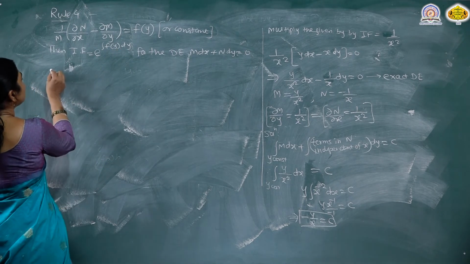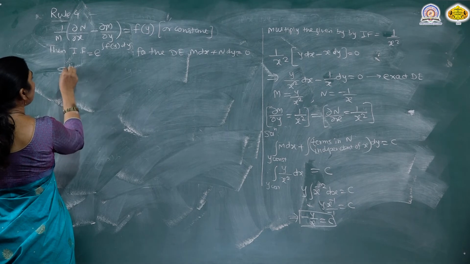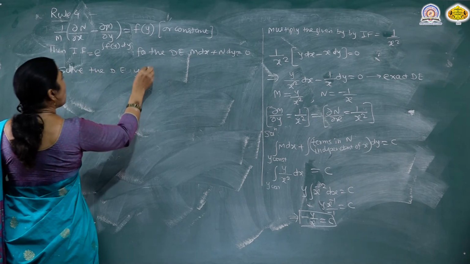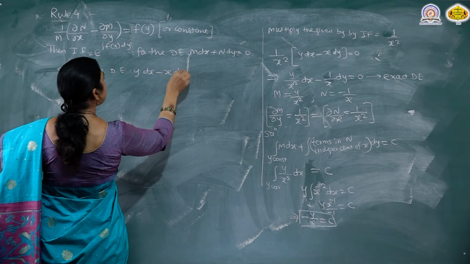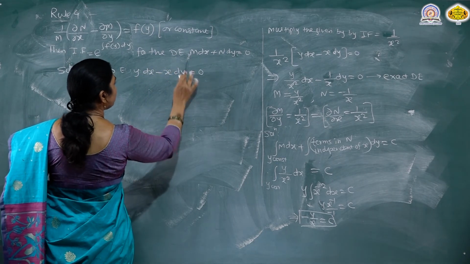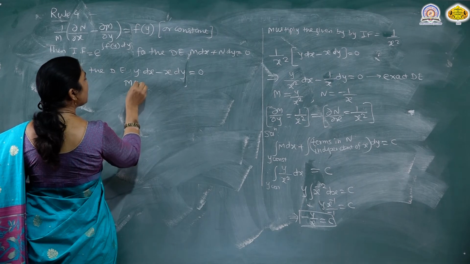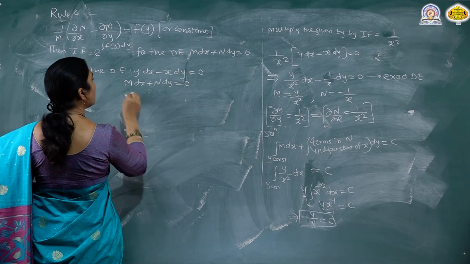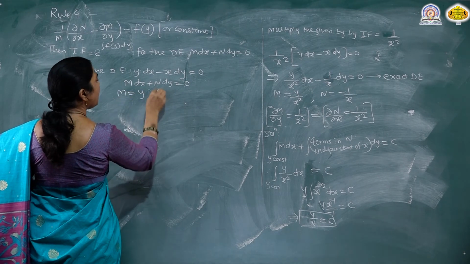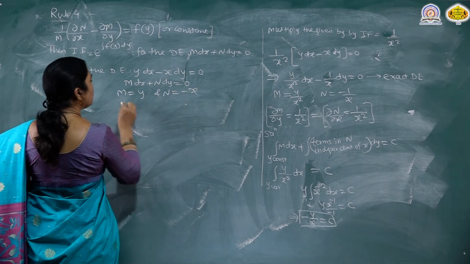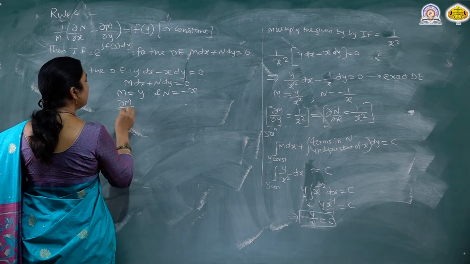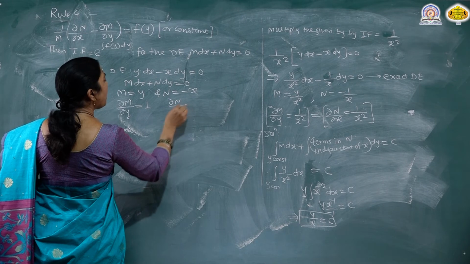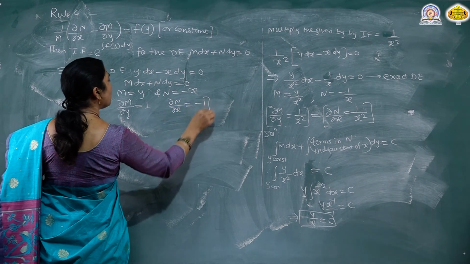We will consider the same example. Suppose we want to solve the differential equation y dx minus x dy equal to 0. Observe that comparing with m dx plus n dy equal to 0, m is y and n is minus x, so that ∂m/∂y is 1, but ∂n/∂x is minus 1.